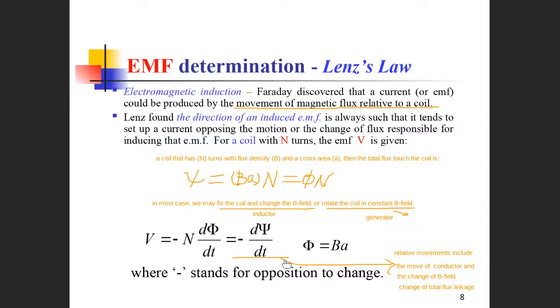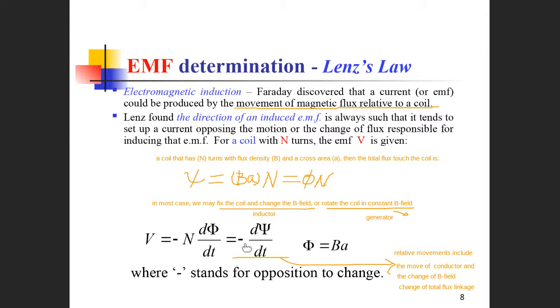The voltage and total flux linkage produced by a given coiler. The negative sign here stands for opposition to the change. That means if the flux increases, then you produce a magnetic field making the flux decrease.